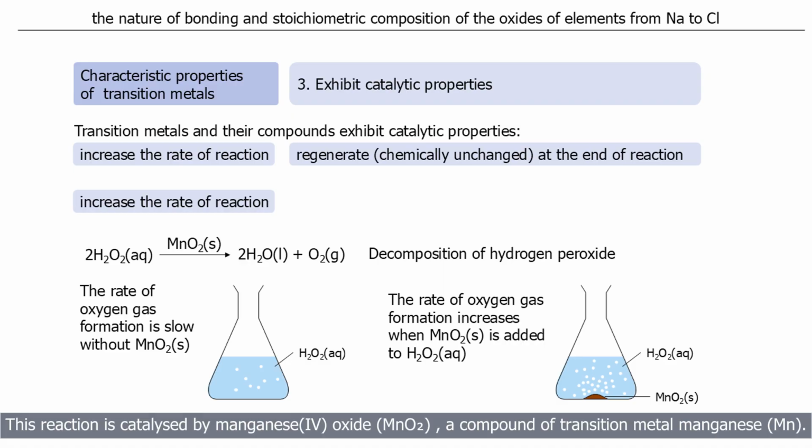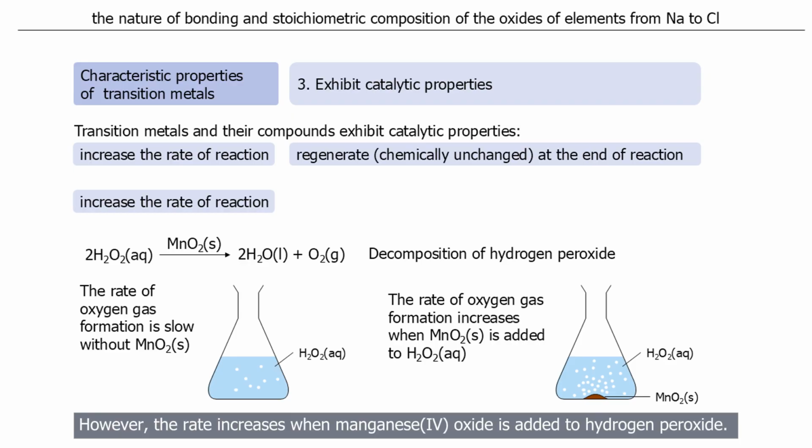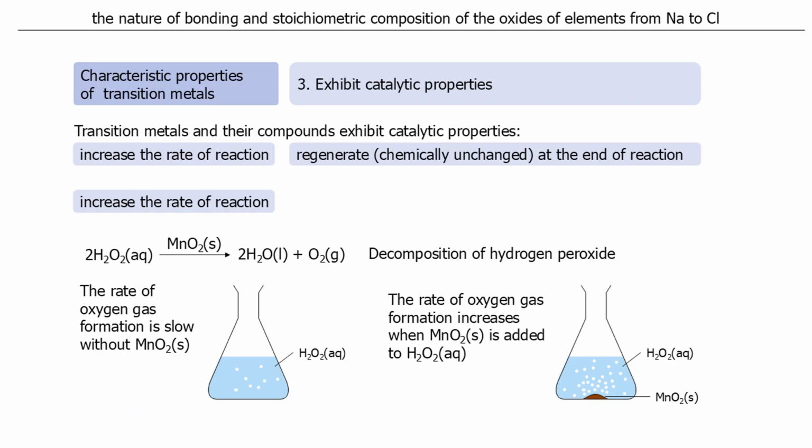This reaction is catalyzed by manganese 4 oxide, a compound of transition metal manganese. The rate of formation of oxygen gas is slow without a catalyst. However, the rate increases when manganese 4 oxide is added to hydrogen peroxide, showing that the presence of a catalyst can increase the rate of reaction.